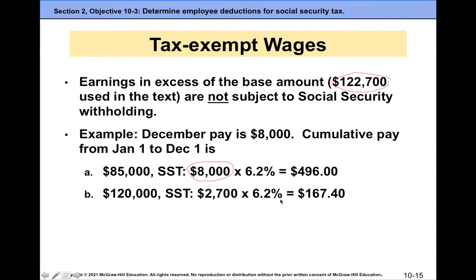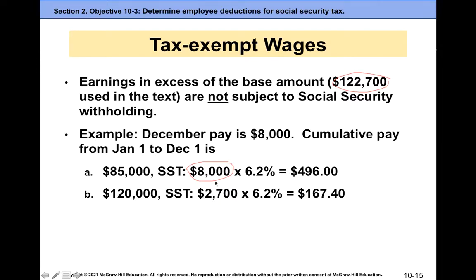Now, the second different scenario, what if her cumulative were 120? She was below the cap. How much below? $2,700, right? She made 120, so she's still 2,700 below. So even though she makes $8,000 right now this month, only 2,700 of this 8,000 is taxed because it puts her at the cap. 120K plus 2,700 equals the Social Security cap.